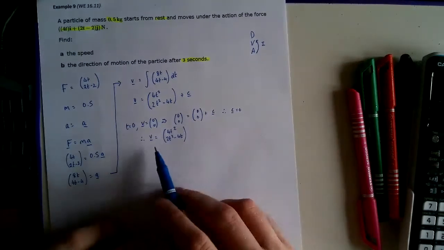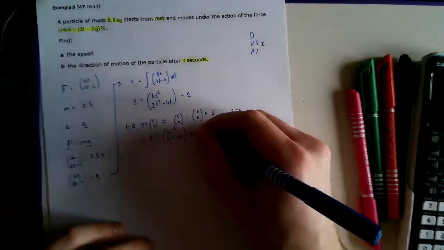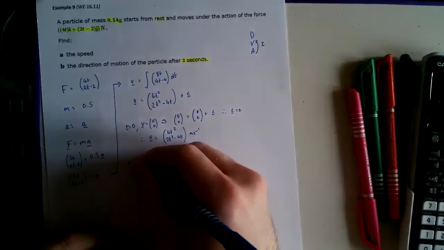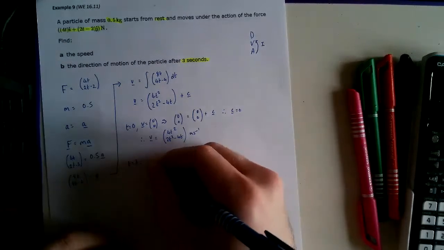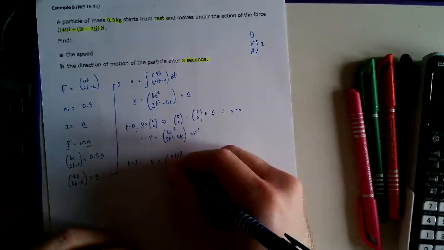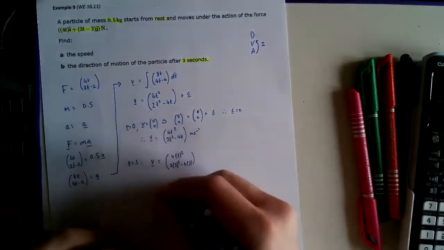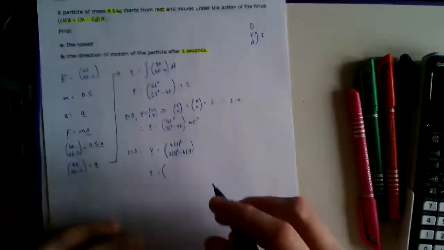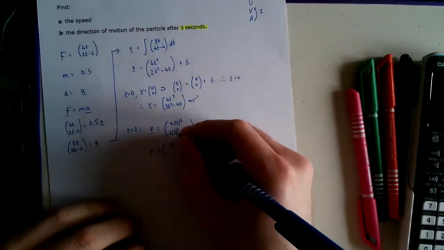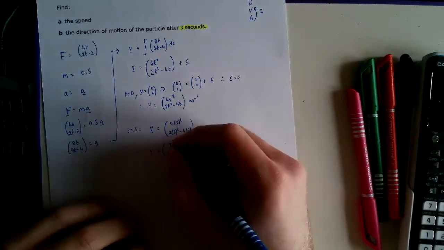Okay, so that's an expression for velocity, and I guess units on there. So after 3 seconds, I will get v equals 4 lots of 3 squared, 2 lots of 3 squared take away 4 lots of 3. So that's 9, so that's 36. It's 9, that's 18. Take away 12, gives me 6.